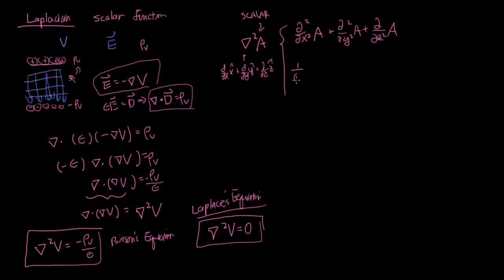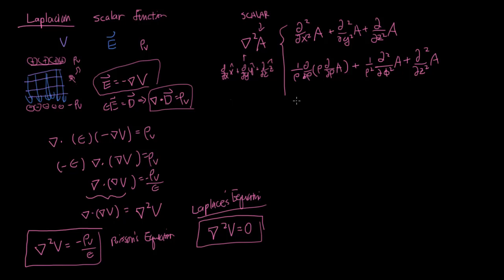In cylindrical coordinates, you have to make some adjustments, some normalizations, kind of like you would have had to in the calculation of the divergence and the gradient. 1 over rho squared. I will just write this out so that it's presented at a reasonable speed for you to digest.